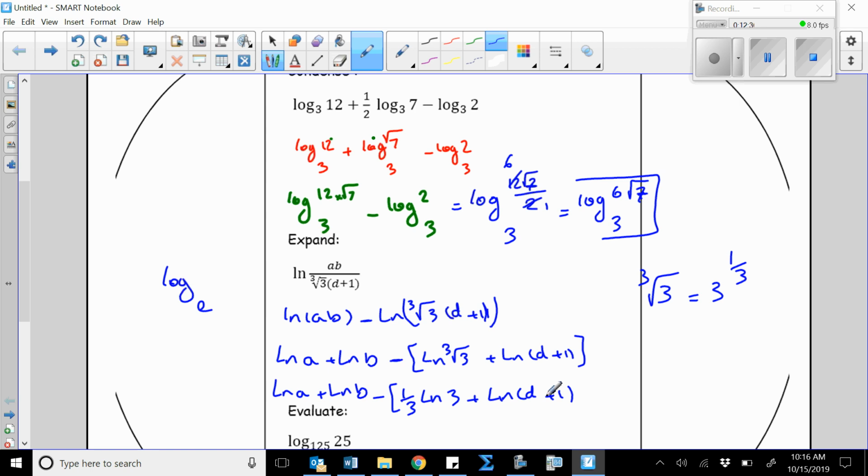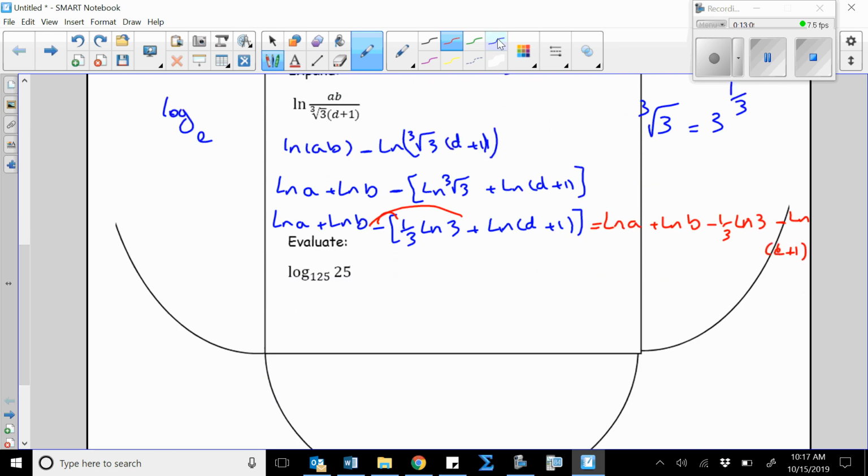So we cannot work on that. We can just keep it. The only thing left is to distribute this negative between the two terms inside this bracket. So the answer will be natural log of a plus natural log of b minus 1 over 3 natural log of 3 minus natural log of d plus 1. And that's our answer.